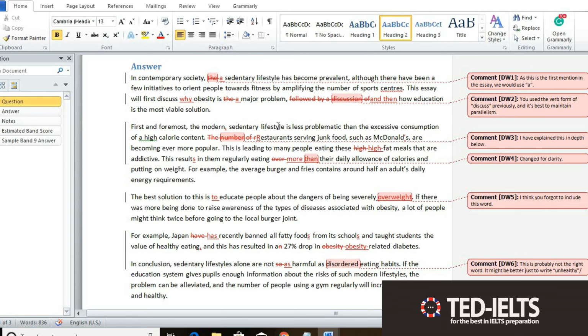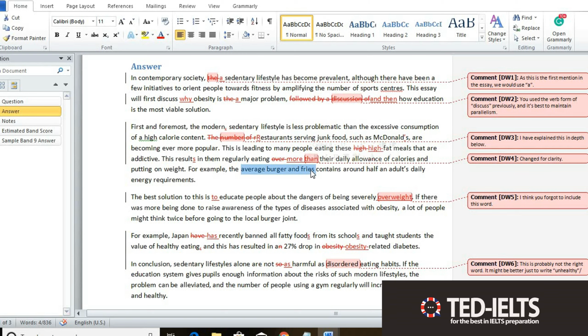Well, we're talking about sedentary lifestyle. And right at the beginning, this person says, sedentary lifestyle is less problematic than the excessive consumption of a high-calorie content. I should say high-calorie diet. So this problem here, he goes on to talk about junk food, such as eating at McDonald's.